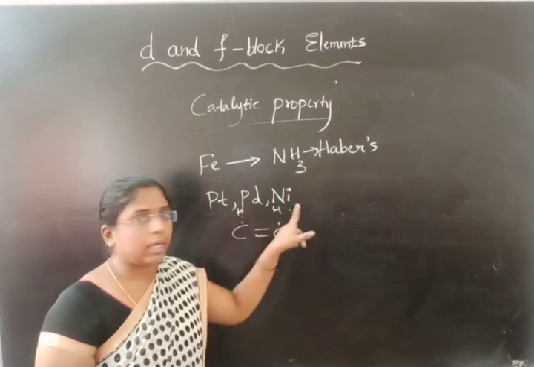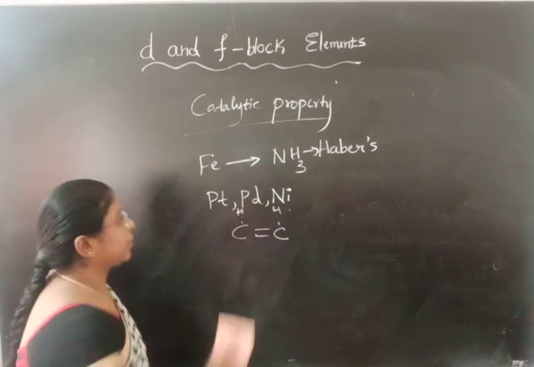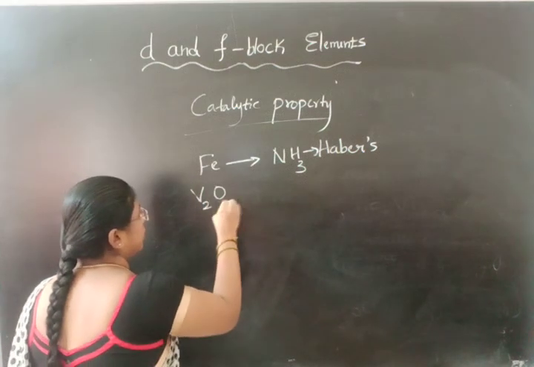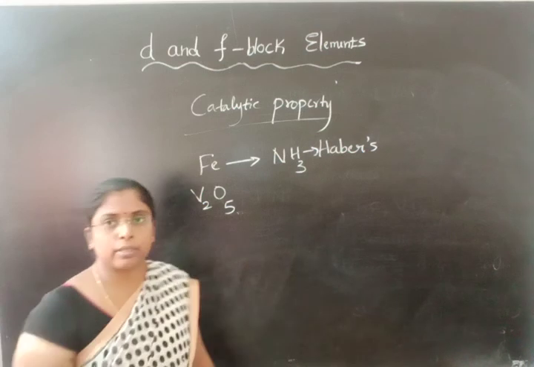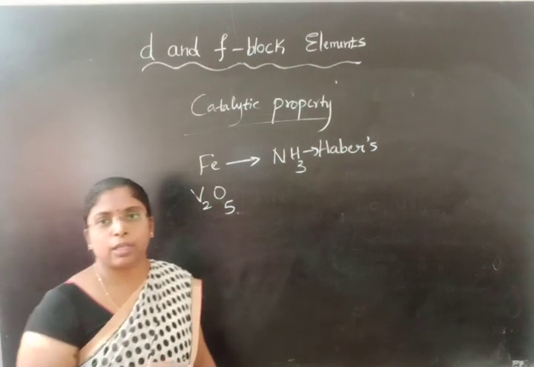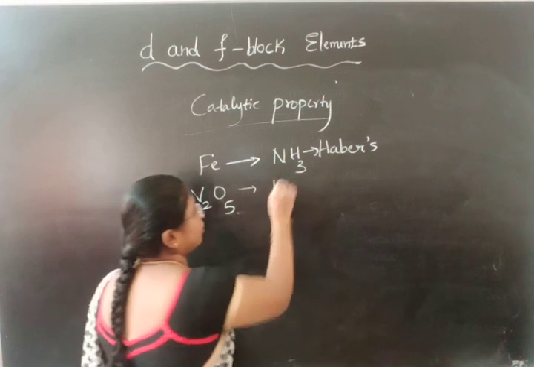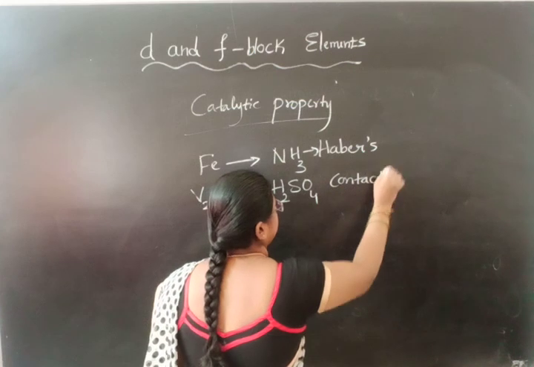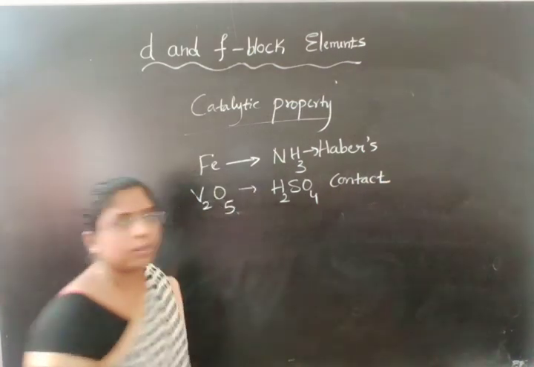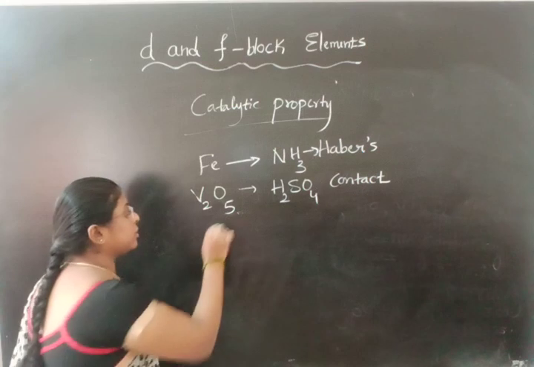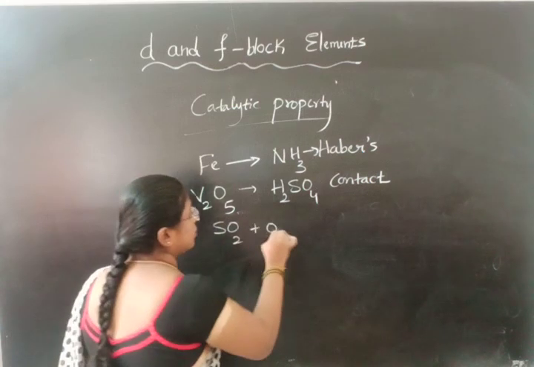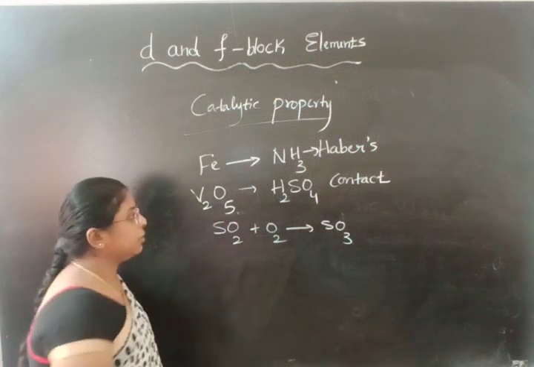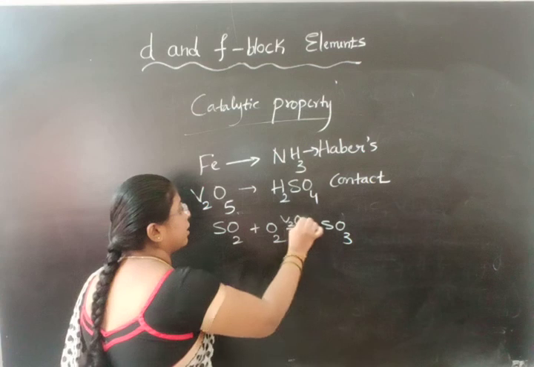Vanadium pentoxide, V2O5, is used as a catalyst in the manufacture of sulfuric acid by the contact process. The conversion of sulfur dioxide to sulfur trioxide takes place in the presence of vanadium pentoxide as a catalyst.